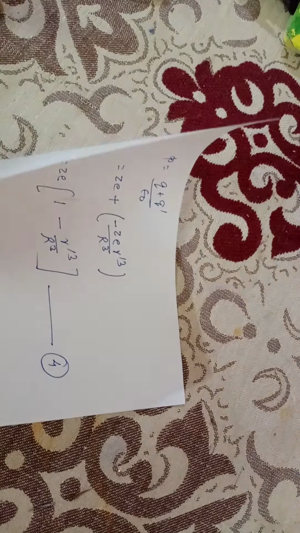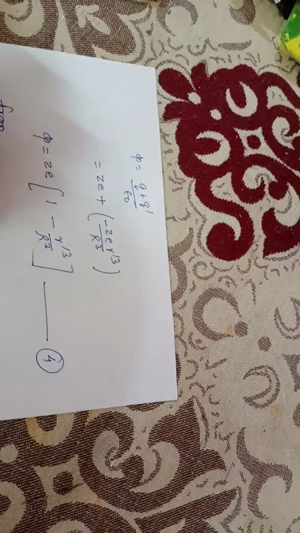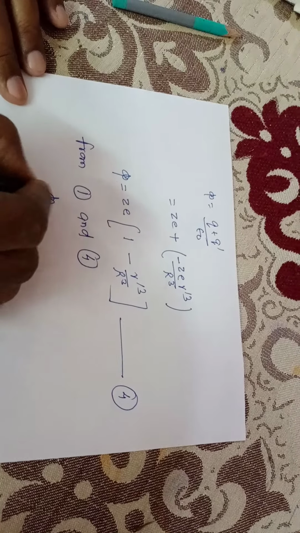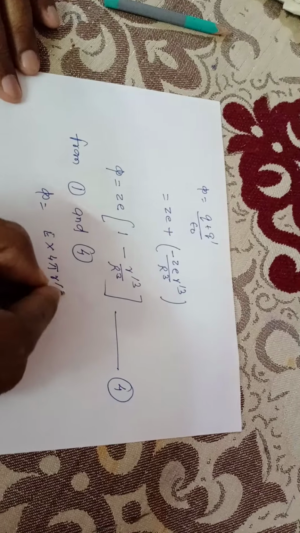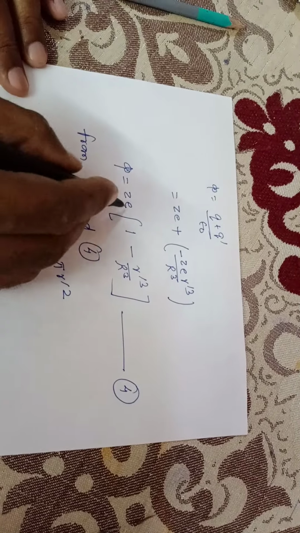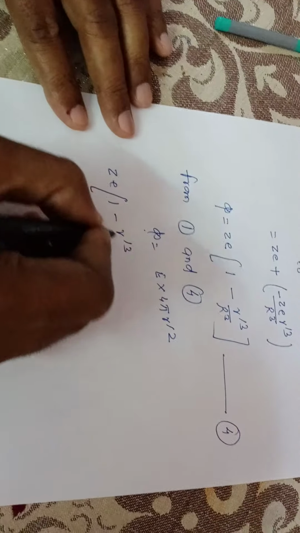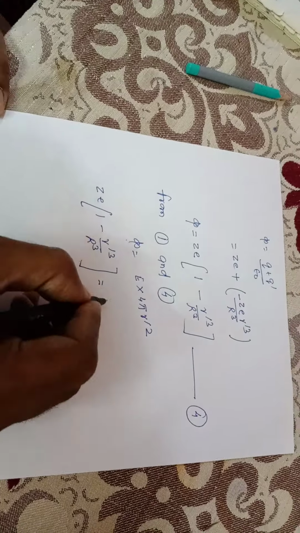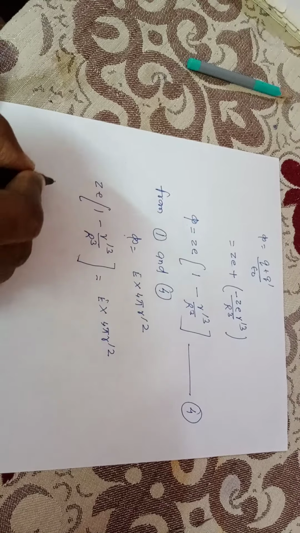So from equation 1 and 4, 1 is what? Phi equal to E into 4 pi r dash square. So here we will write this phi, Ze (1 minus r dash cube upon r cube) upon epsilon 0, equal to E into 4 pi r dash square.